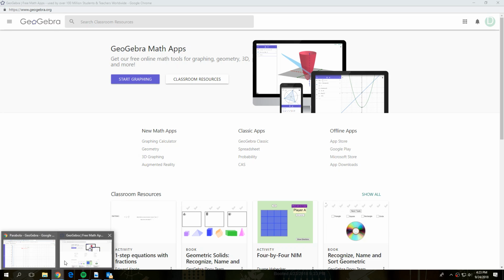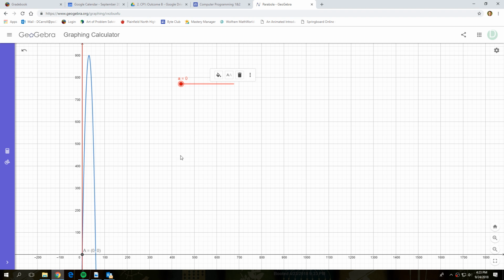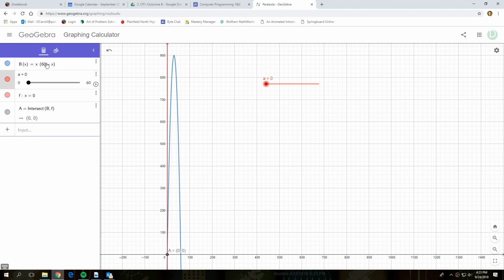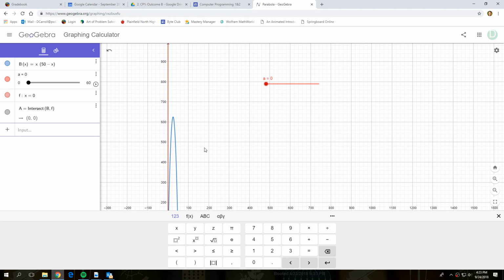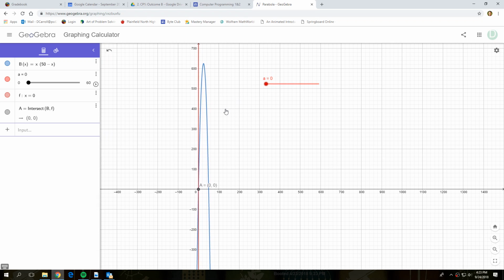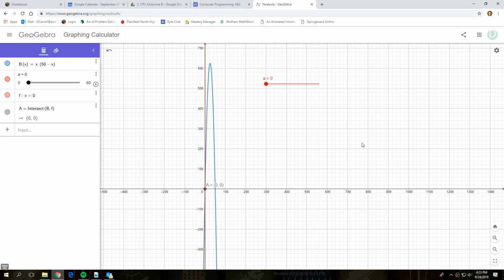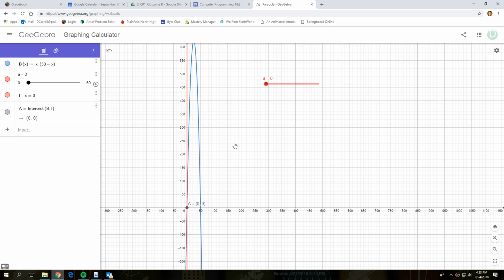Okay, so here we are right here, and actually this one is not the correct one. Let me just change this. So this is 50 minus x, so hit enter here. All right, and let me go ahead and move this down. This is kind of narrow, but that's okay.